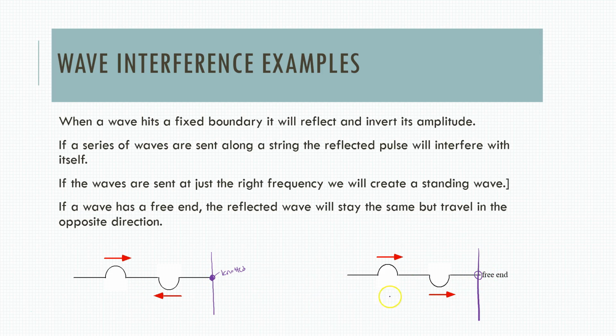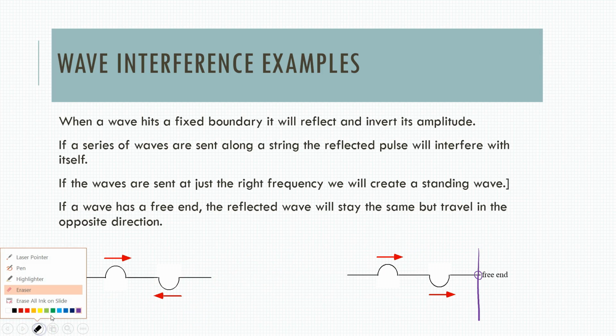These are the first two pictures that you have on your paper. For your first one, we are just looking at two waves moving through a rope, and we're not worried about whether there is a free end or fixed end. Just what would happen as these two waves go past each other within this medium.